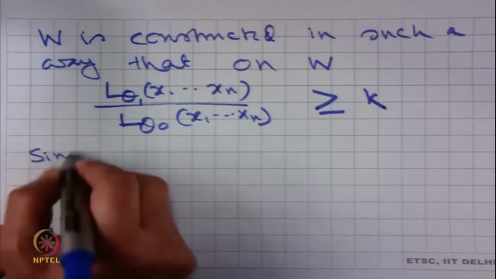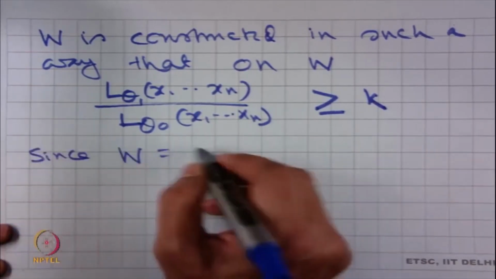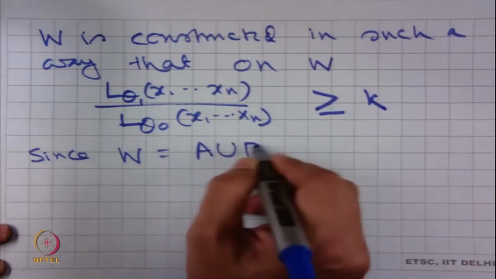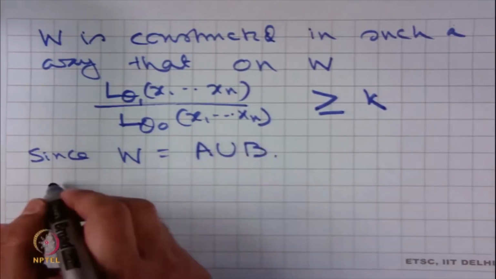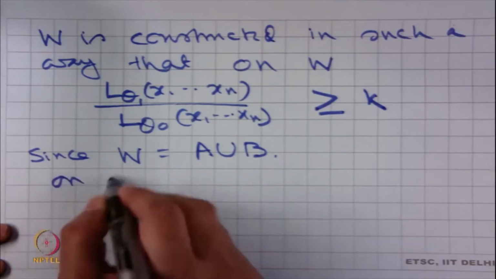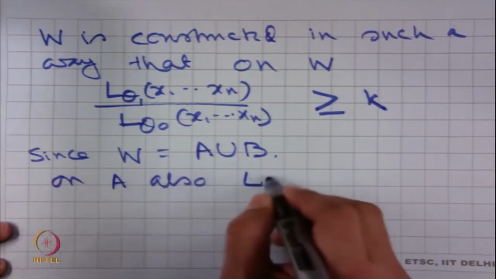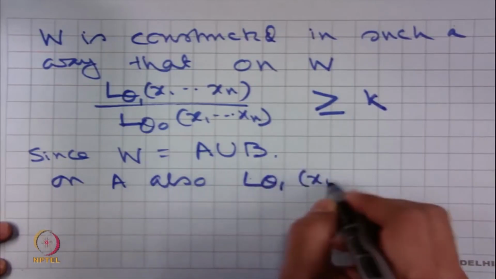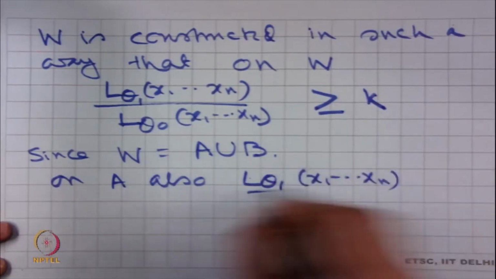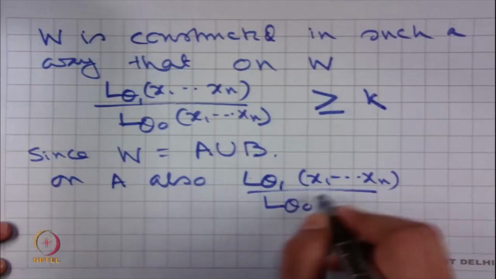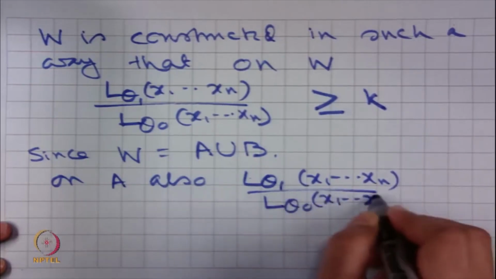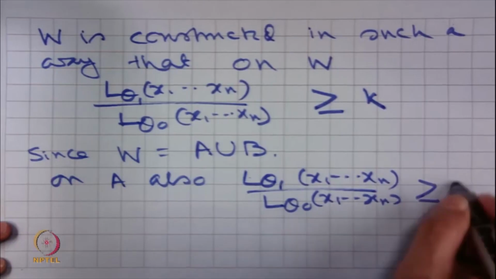Since W is equal to A union B, on A also L theta 1 upon L theta 0 is greater than or equal to k.